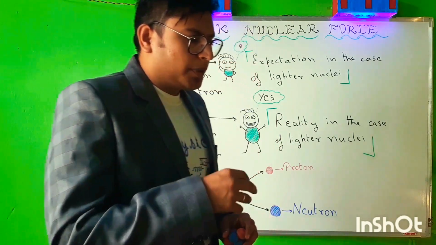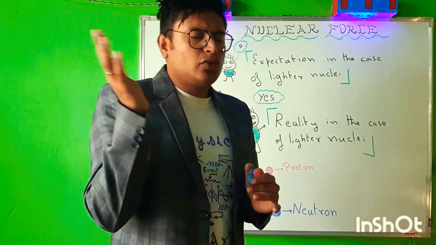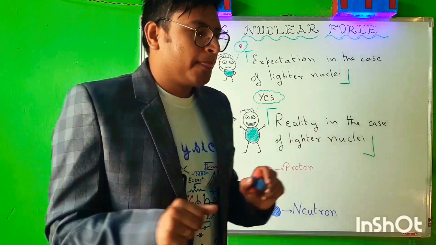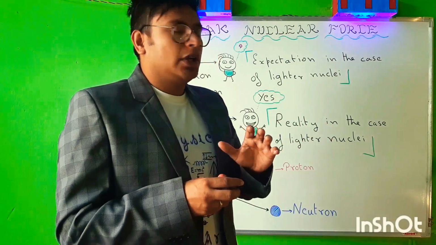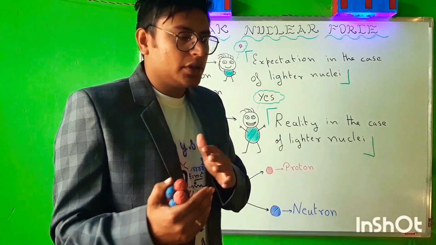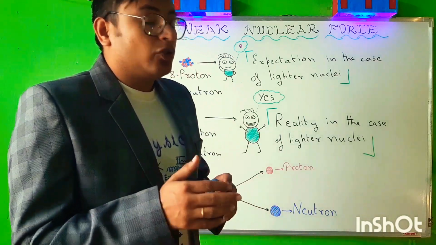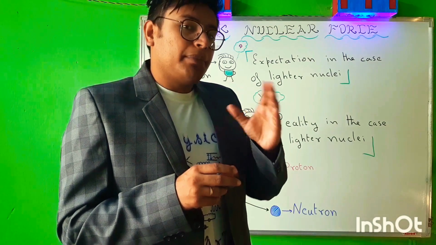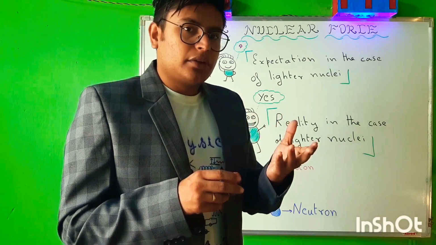In this particular case, let us exclude the thinking of isotopes for a while. Suppose, as we can't see an atom, it is very small, 10 to the power minus 10, we can apply our thinking.